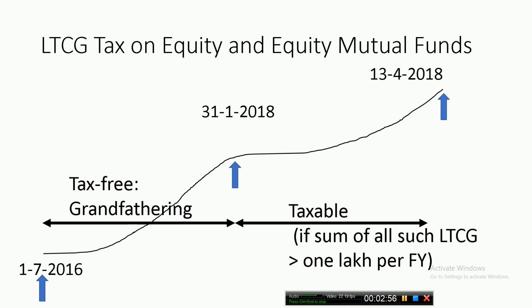If this profit is 1 lakh, it is not taxable. If it is 1 lakh 25,000, then you will have to pay 10% tax with 4% cess on the 25,000 alone. So the tax you need to pay if you sell in this situation is quite small, so don't worry too much about it. That's the first example we'll consider.